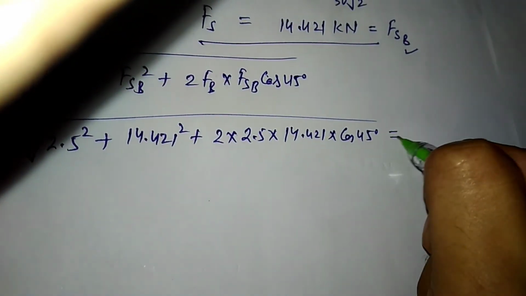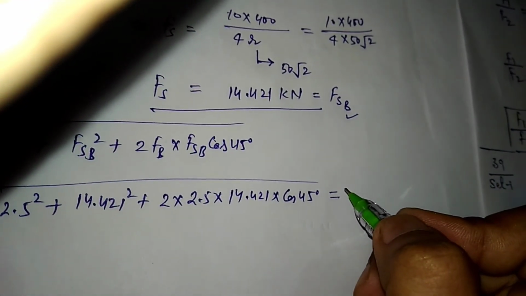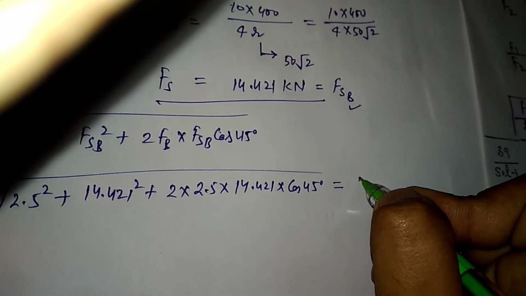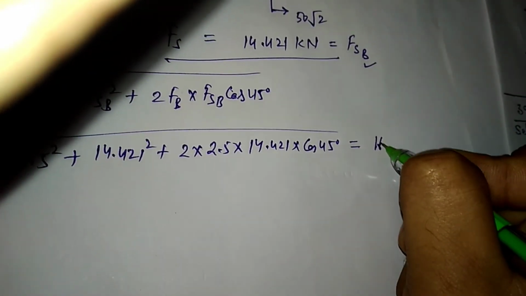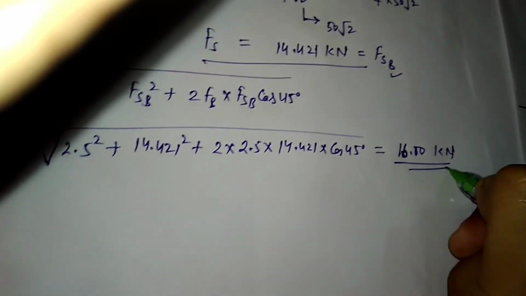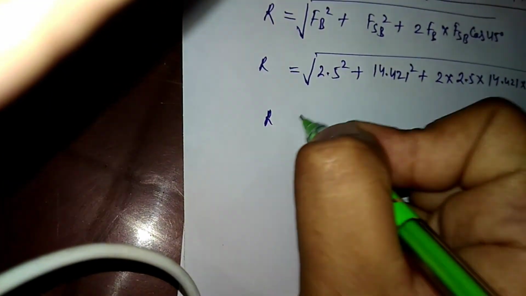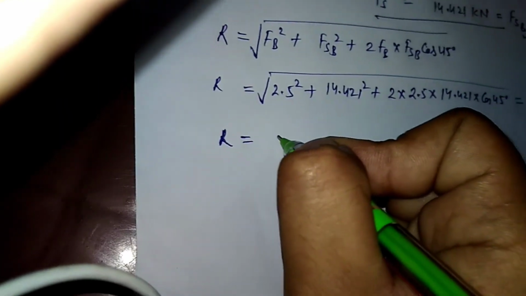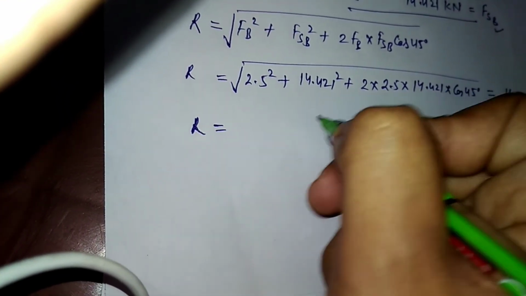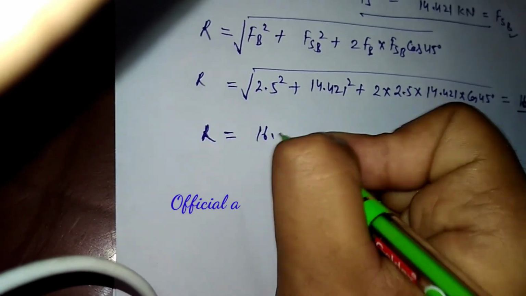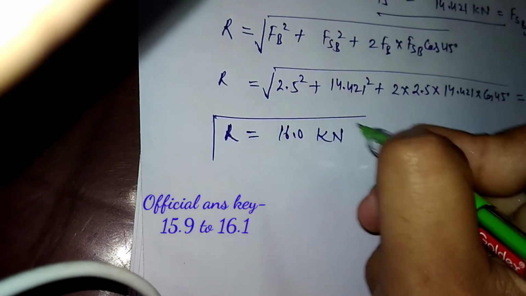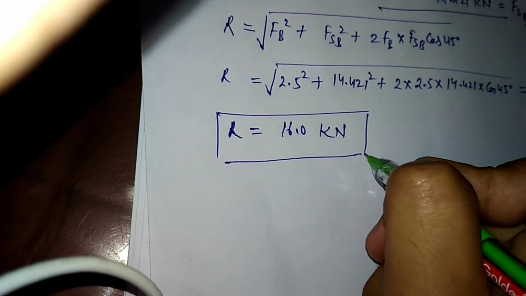This value will be equal to 16.0 kilonewton. So the resultant shear load on bolt B is 16.0 kilonewton. This is our final answer.